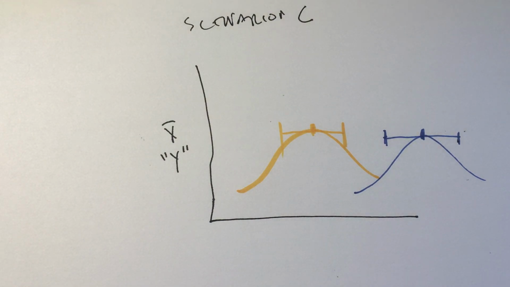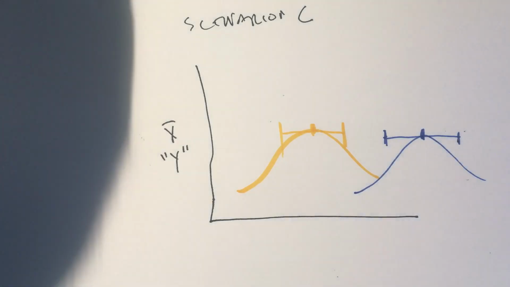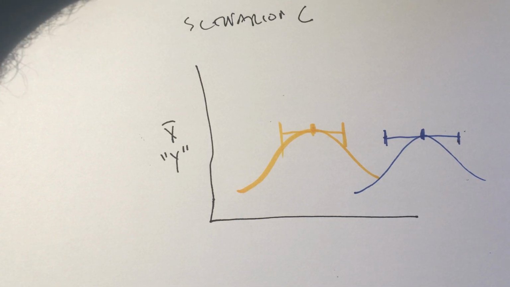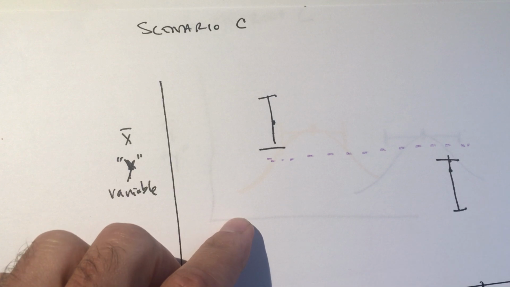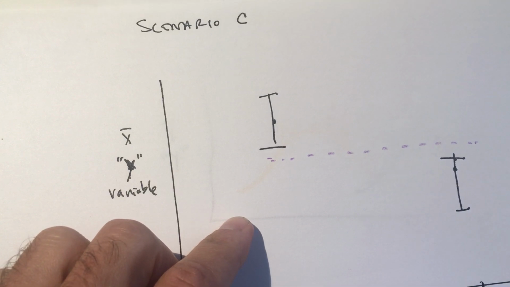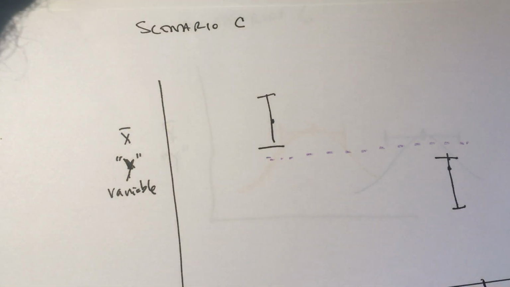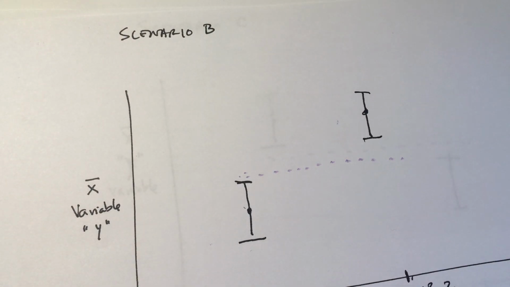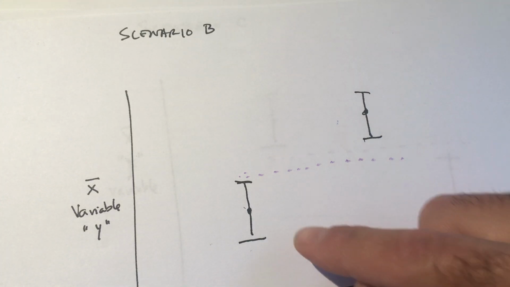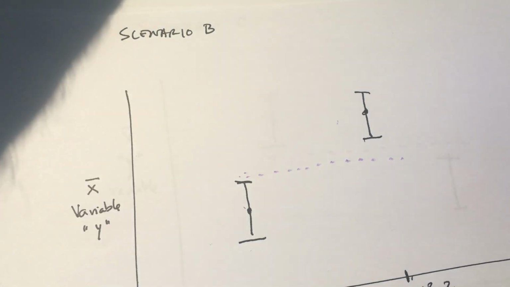The point is that under these scenarios, in one scenario, group 2 has a lower interval than group 1. Under scenario B, group 1 has a lower mean and interval than group 2.